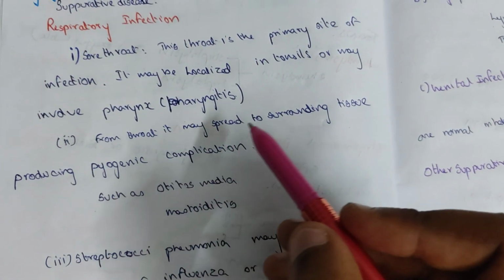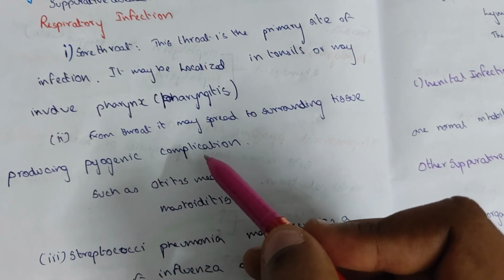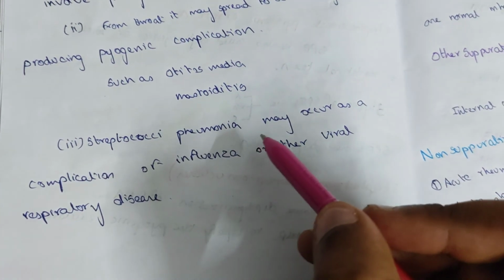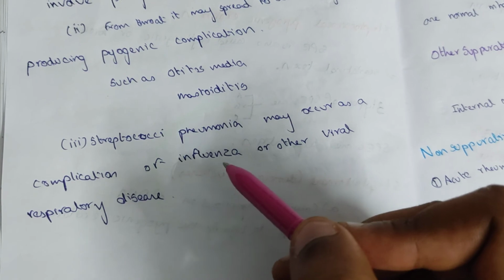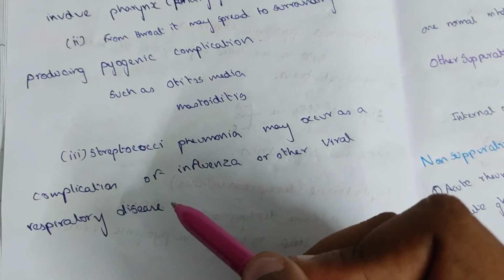From the throat, it may spread to surrounding tissue, producing pyogenic complications such as otitis media and mastoiditis. Pneumonia may occur as a complication of influenza or other viral respiratory disease.